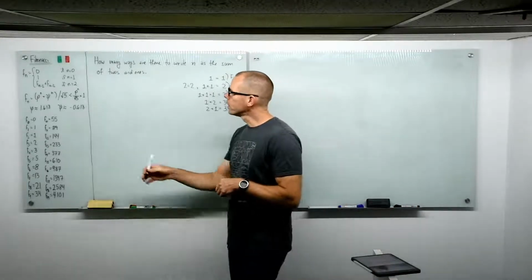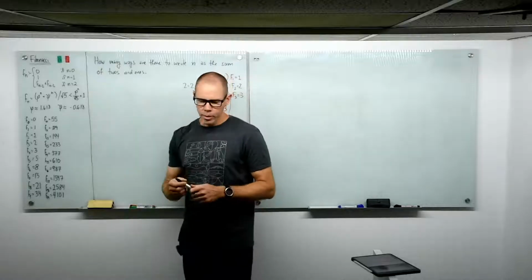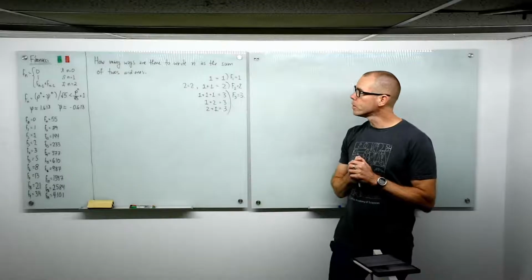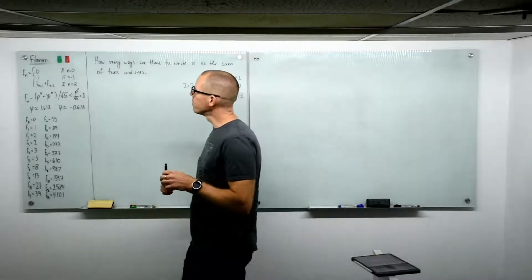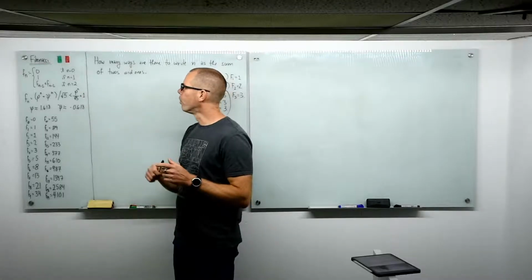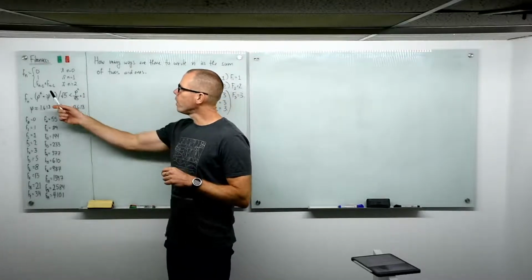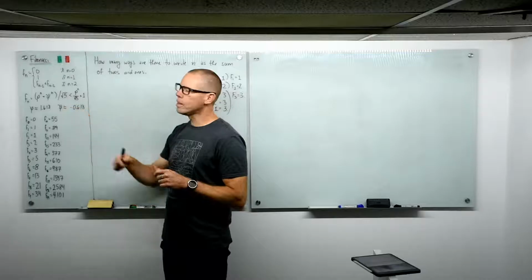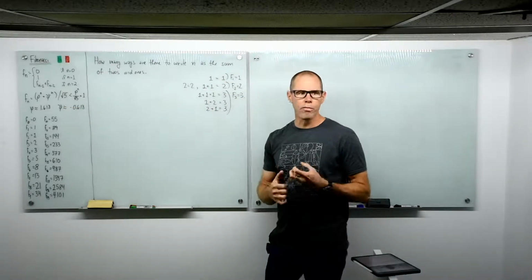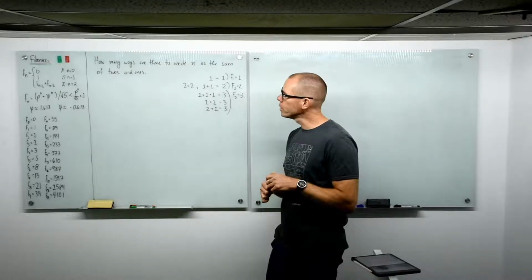But just remember, last class we introduced recurrences, and we saw the Fibonacci numbers defined by this recurrence. F of n is equal to n if n is 0 or 1. Otherwise, F of n is equal to F of n minus 1 plus F of n minus 2. That's the definition of the nth Fibonacci number as a recurrence.